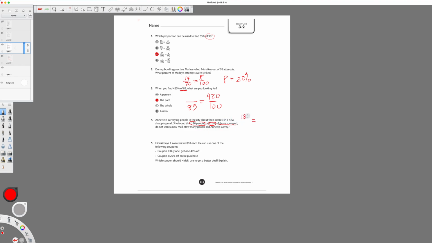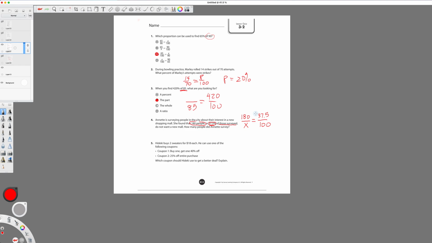180 out of the people surveyed, don't know how many that is, 37.5% out of 100. 180 out of something is 37.5 out of 100. And again, I'm going to cross multiply and divide. I would like you all to show your work, but I'm trying to make these videos go a little more quickly.